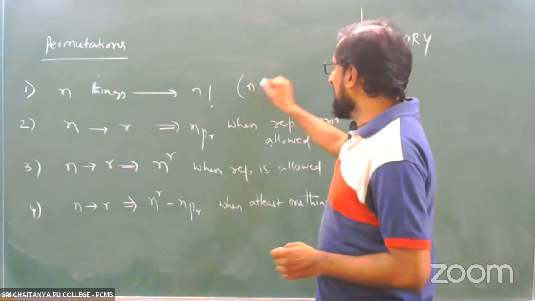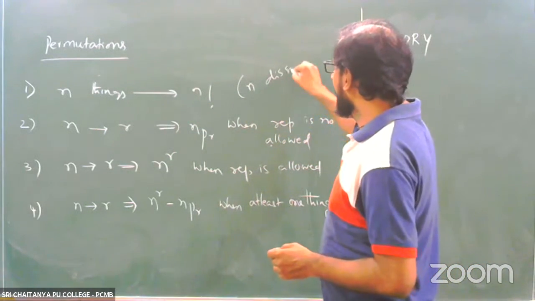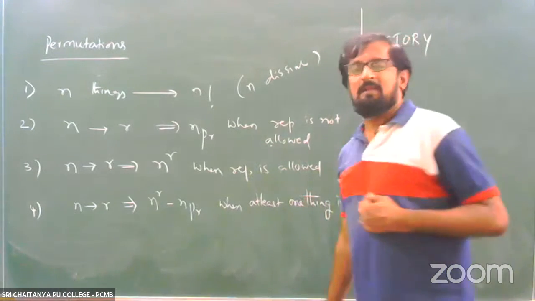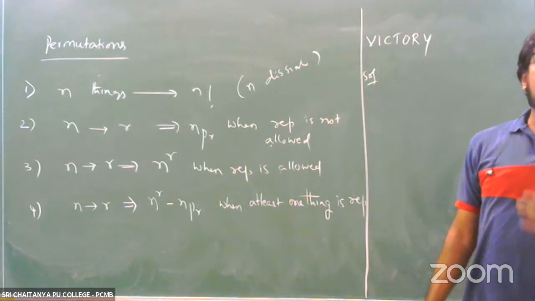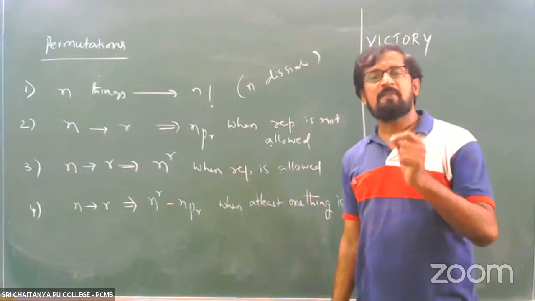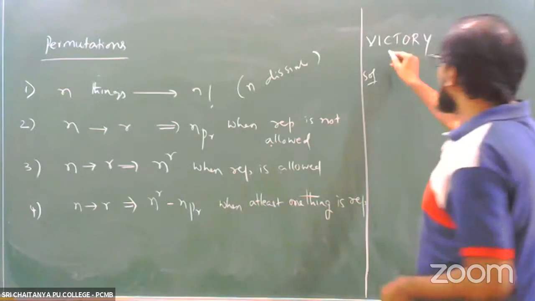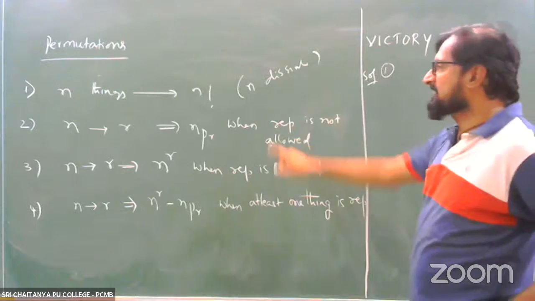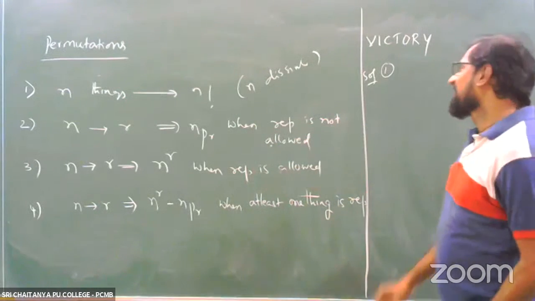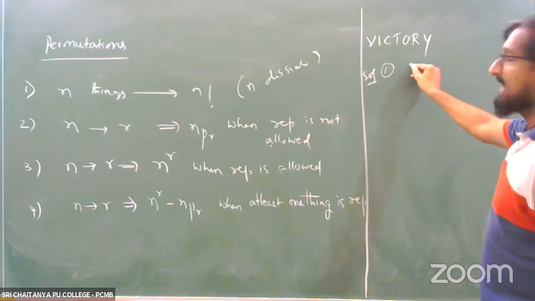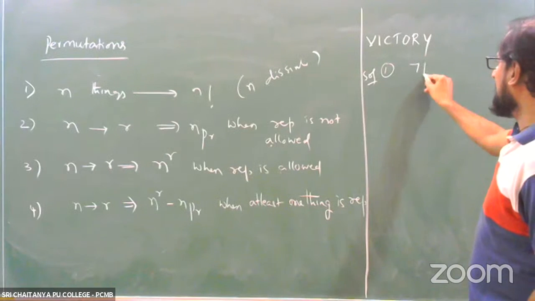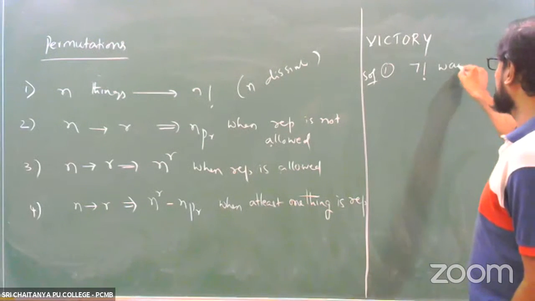N dissimilar things can be arranged among themselves in n factorial ways. So 7 letters can be arranged among themselves in 7 factorial ways.